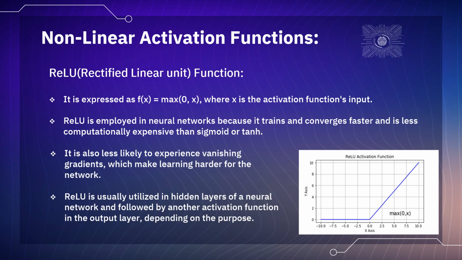It is less prone to vanishing gradients, a problem that occurs when the gradient of the activation function becomes very small, making it difficult for the network to learn. It is most commonly used in hidden layers of a neural network, and it is typically followed by another activation function in the output layer, depending on the specific task being performed by the network.